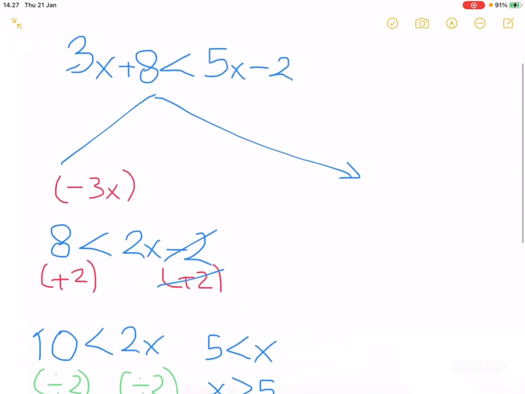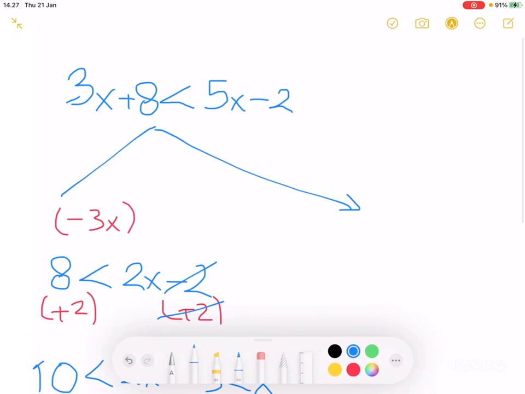For the second method, subtract 5x on both sides, so 3x minus 5x is negative 2x, plus 8 is less than 5x, and 5x cancels out, leaving negative 2 on the right-hand side.